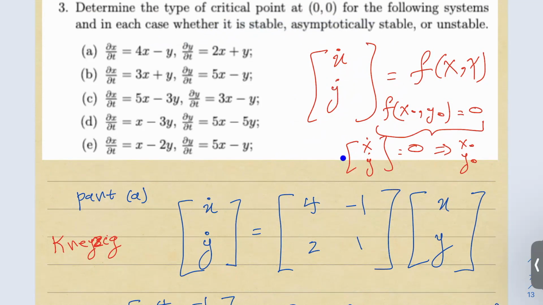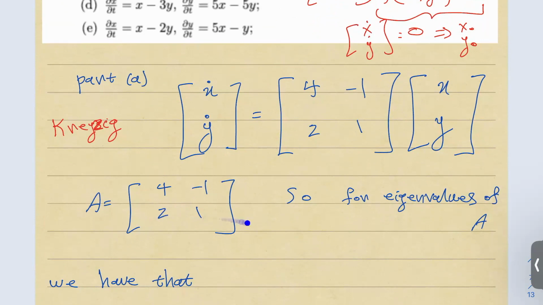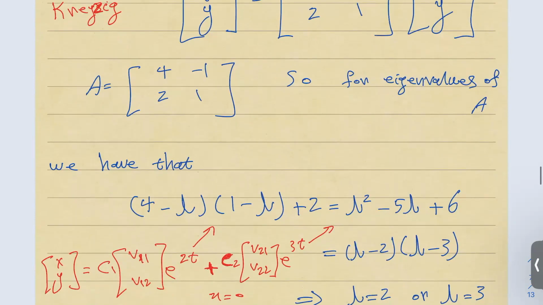So the definition is which I have written here. You can remember. So part A, this guy, x prime, y prime. I would like to write everything as A times xy, coefficient times xy. A is this guy, and the eigenvalue.